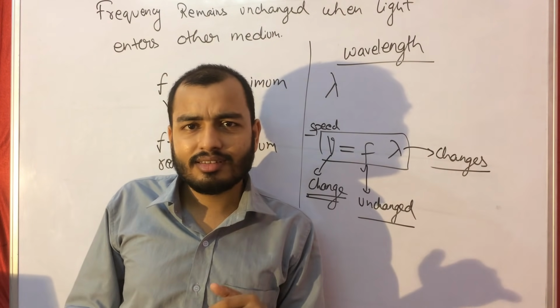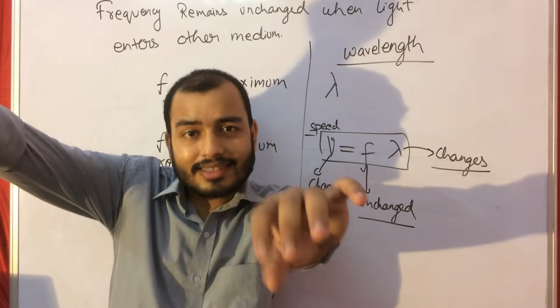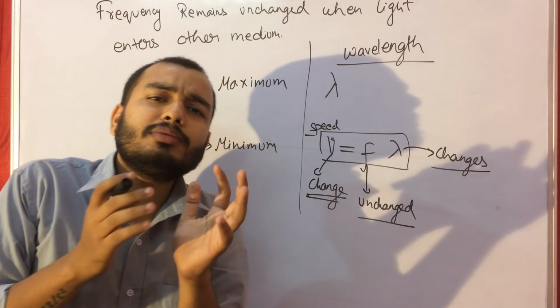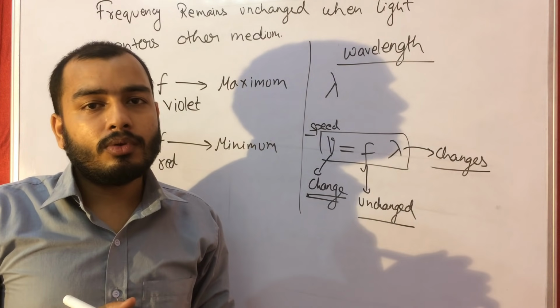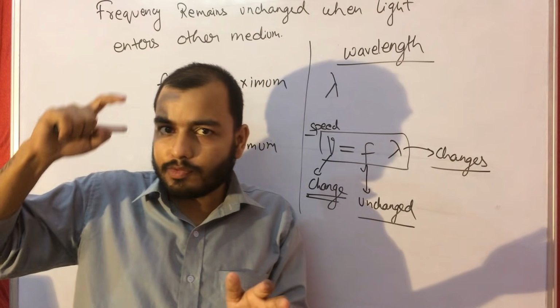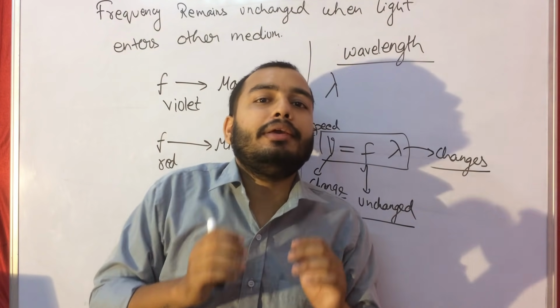For all the colors it happens. Violet's speed is decreased very sharply. It becomes very slow. And red's speed is not decreased that sharply. Frequency for all remains same. Whatever the number of waves were there in air, that will be the number of waves inside the medium.